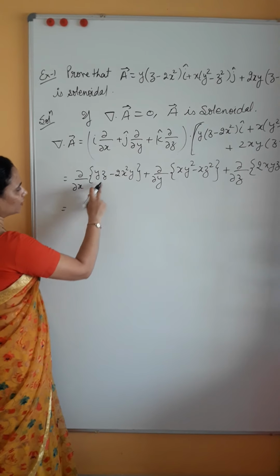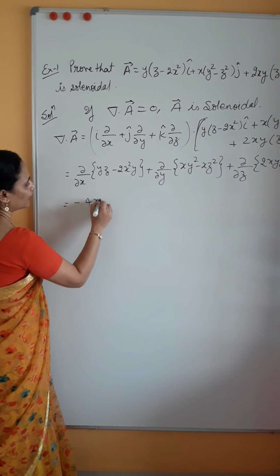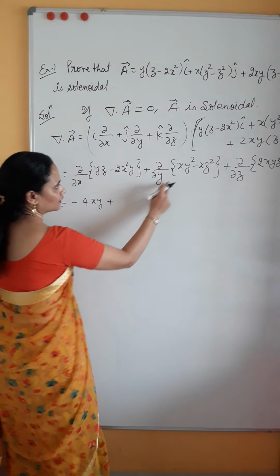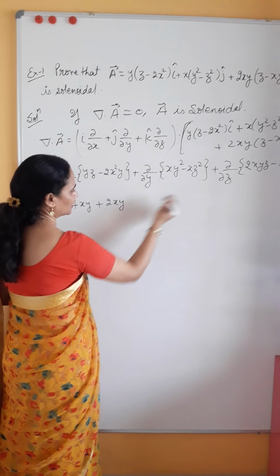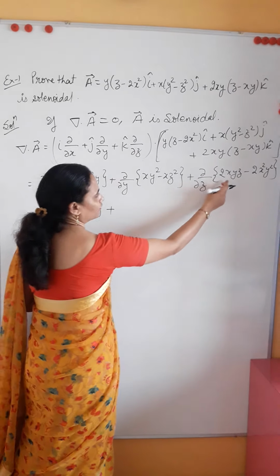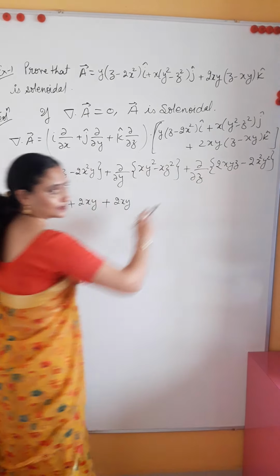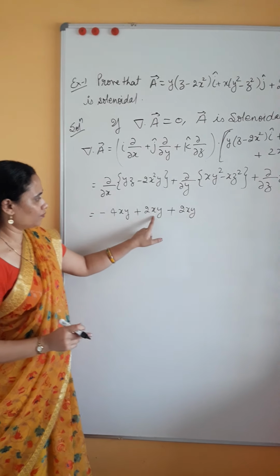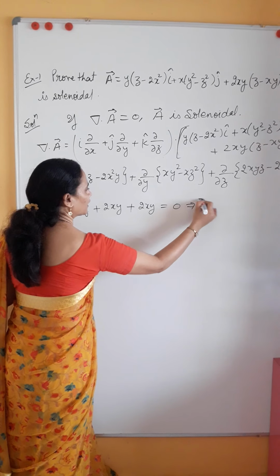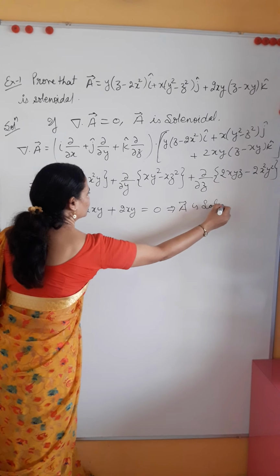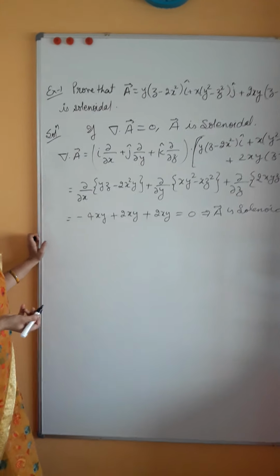So partial derivative with respect to x: this is 0, this is minus 4xy, plus this is 2xy, and this is 0 since there is no y, plus differentiation of this becomes 2xy and then later it is 0. So minus 4xy plus 4xy is equal to 0. This implies that A is solenoidal. Okay, so this is very simple to prove.